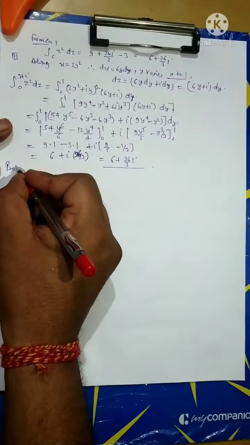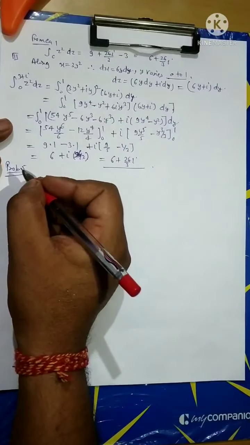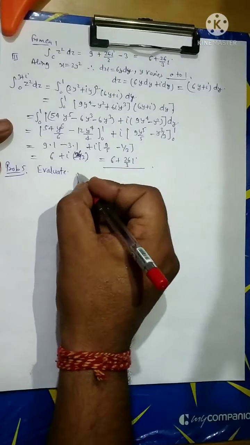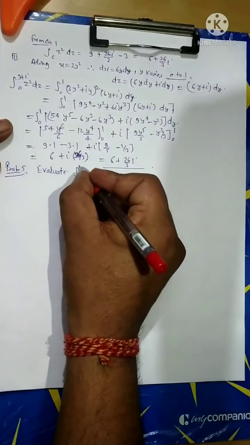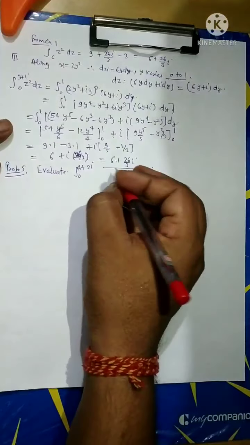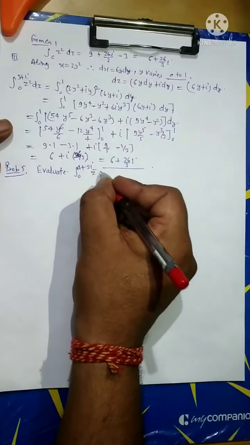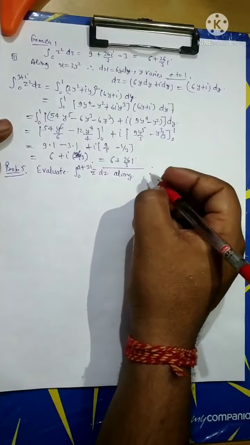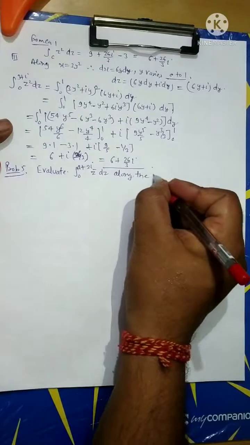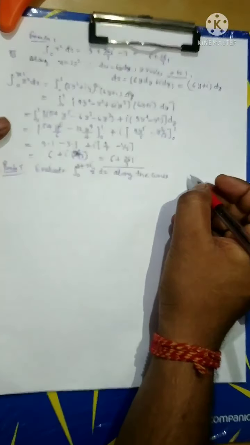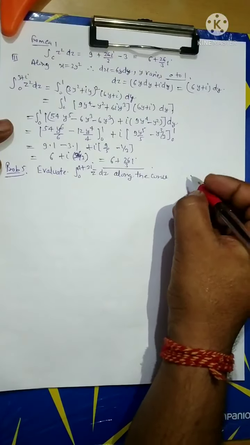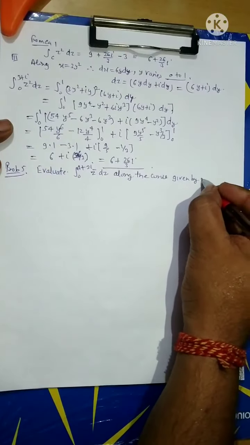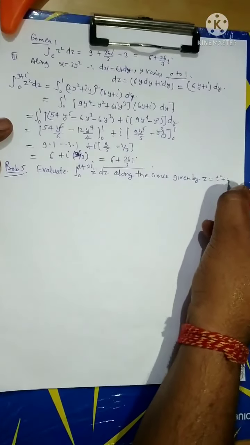Now next problem. Evaluate the integral limit 0 to 4 plus 2i of z bar dz along the curve given by z equal to t square plus it.